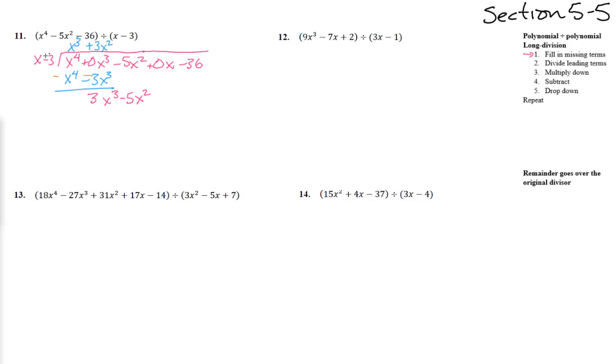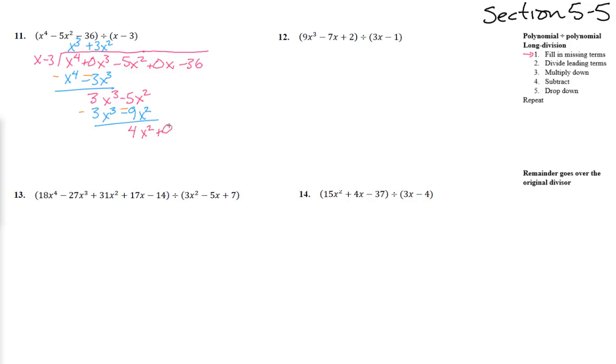Will that do it? 3x squared times x gives us 3x cubed. 3x squared times the negative 3 is a negative 9x squared. And now subtract, and that column is gone. Negative 5 minus a minus 9, that's negative 5 plus 9, is a positive 4x squared.